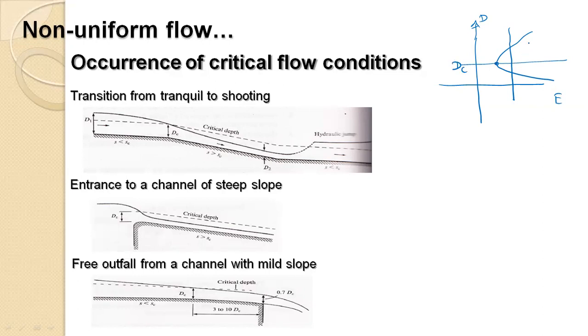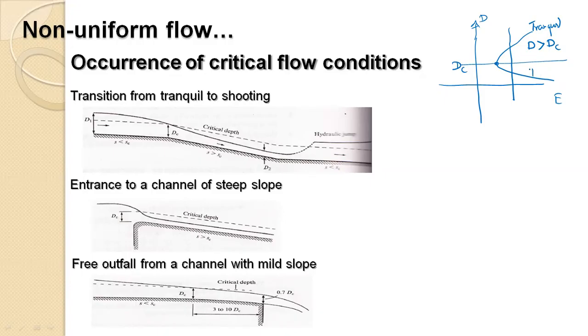When the water depth along a channel is greater than the critical water depth, we call this the slow flow or the tranquil flow, so slow flow or subcritical flow.